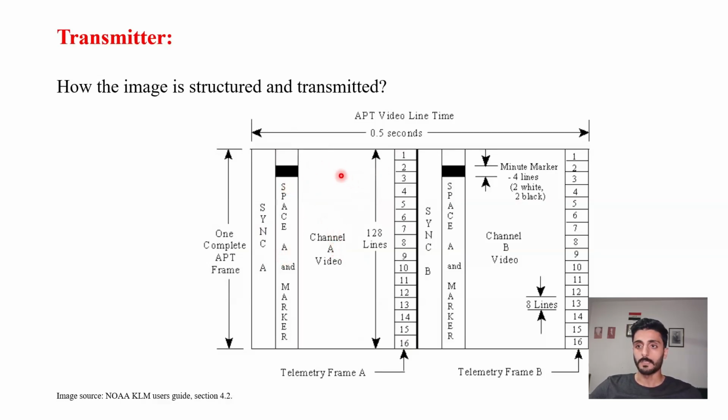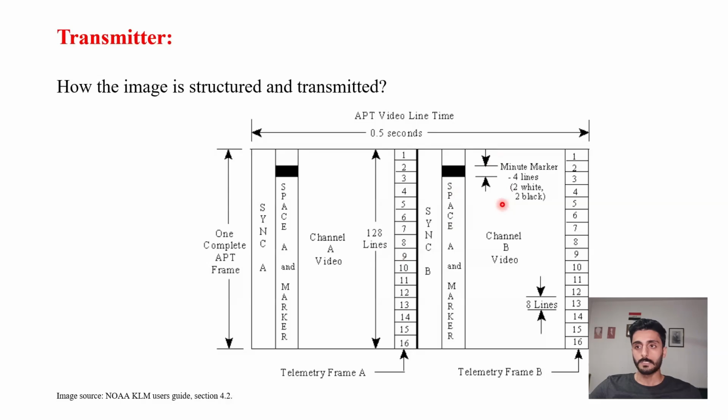This is the actual data, or the pixels of the image. Then some telemetry signals. These have data about the satellite, the temperature, the mode of operation, and so on. Then a sync signal also, some spacing signal, and other pixels or data for another image.